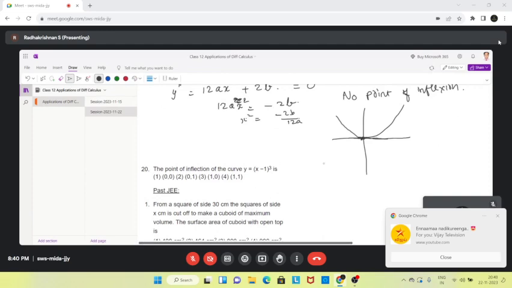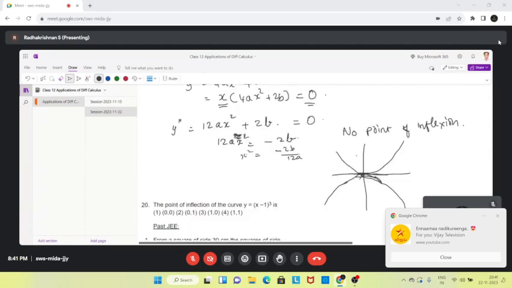And if a and b are negative, it's going to be like this. So depending on the values of a and b, it can be either concave up or concave down. So from the given data we cannot say whether it is concave up or concave down. But what we can say is there is no point of inflection.